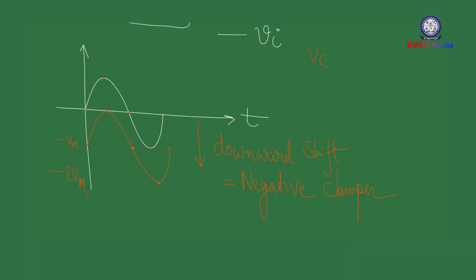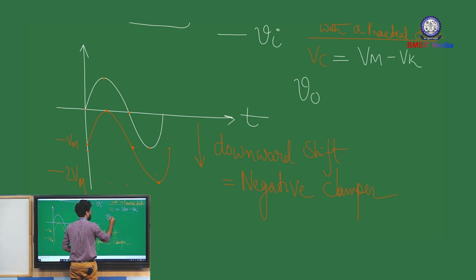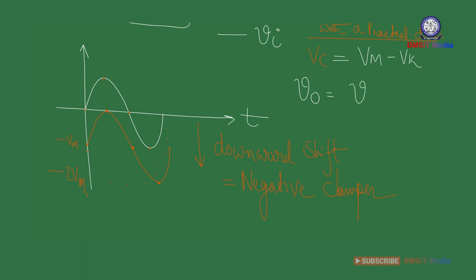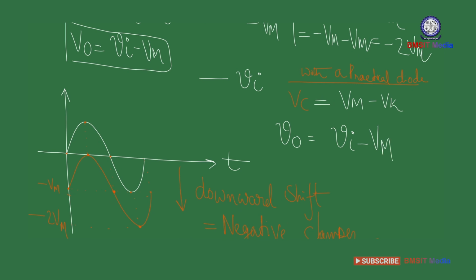Negative clamper with a practical diode analysis is pretty simple. If you consider a practical diode, the following changes you need to bring in. The capacitor voltage Vc is not just Vm, instead it is Vm minus Vk, and the output voltage V0 is Vi minus Vm minus Vk.